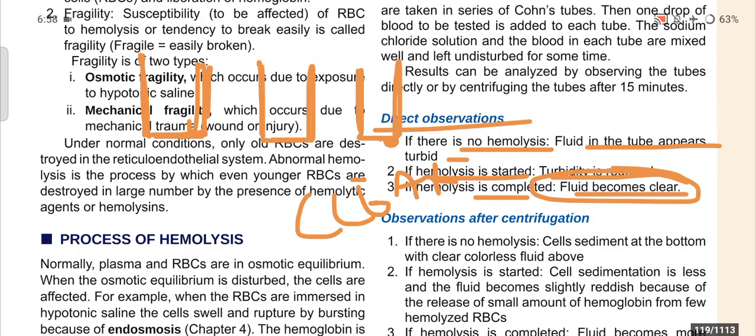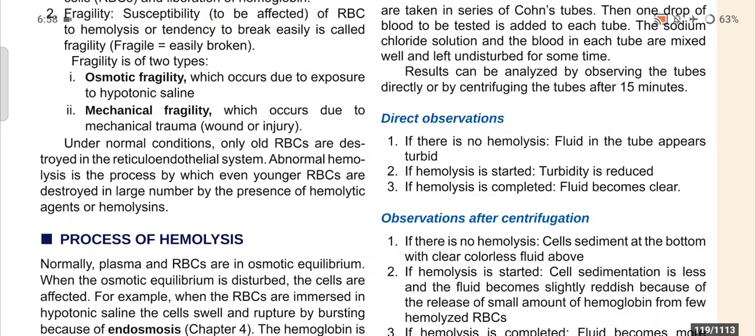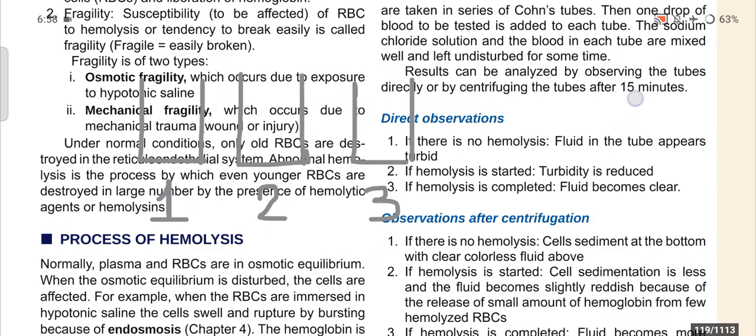Let's suppose these are the 3 tubes. In the first tube, in the second, and in the third. I made a mistake, so let me draw it again. 1, 2, 3. This is the first one.